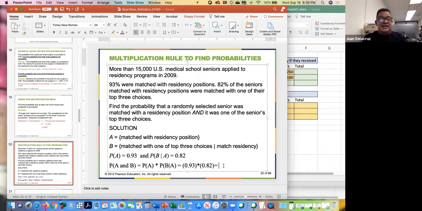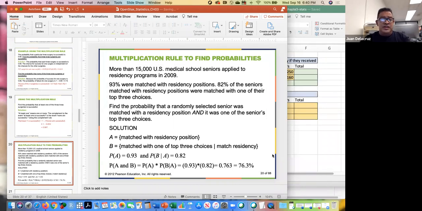I was kind of lazy and didn't multiply this. So this is 0.93 times 0.82, so the result is 0.7626, or 76.3%. Right.